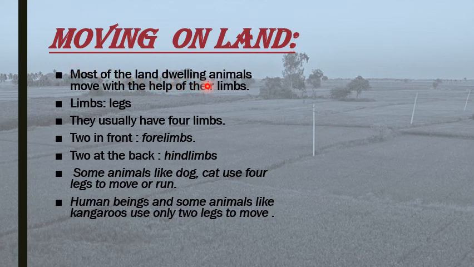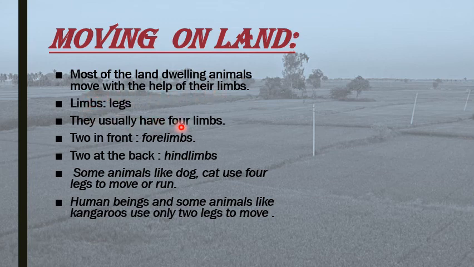Most of the land-dwelling animals move with the help of their limbs. This is a word which we are using instead of legs. Okay, limbs means legs. So what do we know here? Most of the land-dwelling animals move with the help of their limbs or legs.